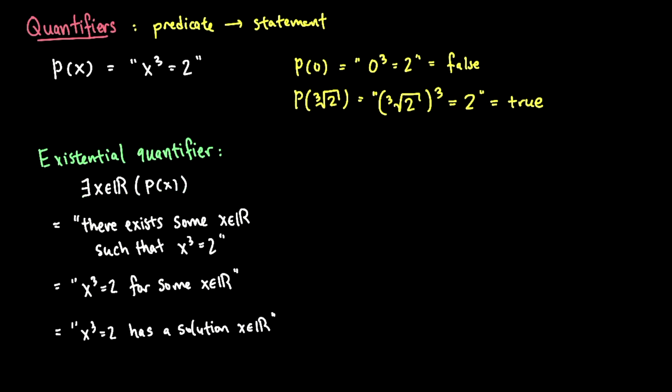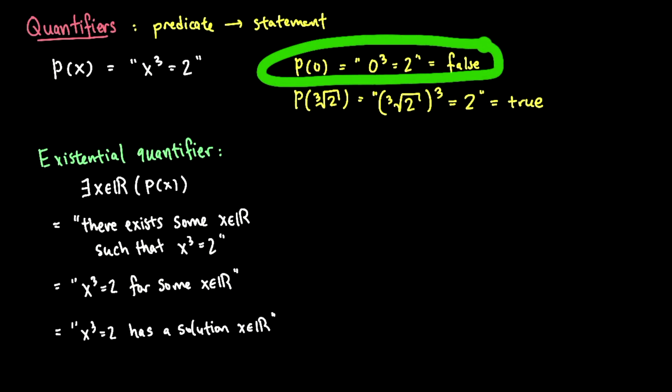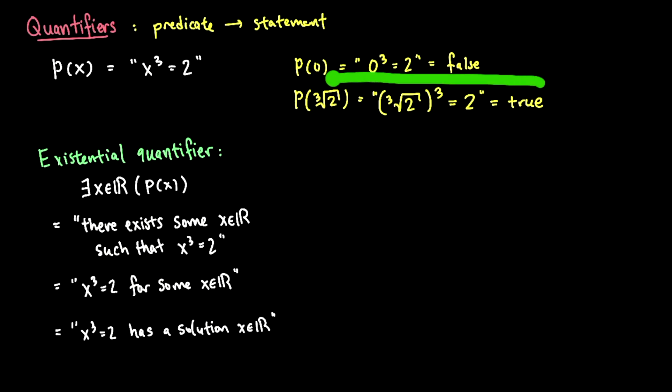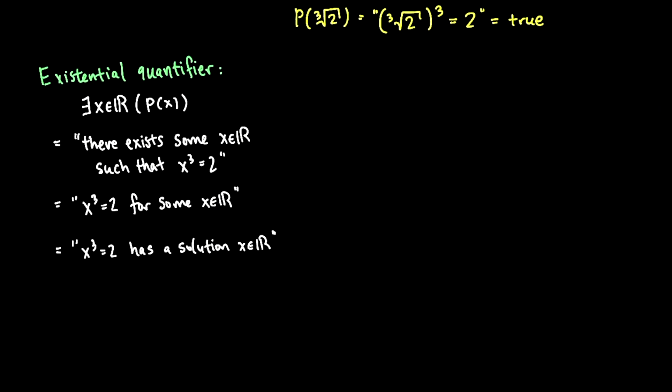But the most important thing is that for this existential statement to be true, it only needs to be true for one value. So the fact that it's false for 0 doesn't really affect the truth value of the statement. The fact that it's true when x is the cube root of 2 makes this existential statement true.